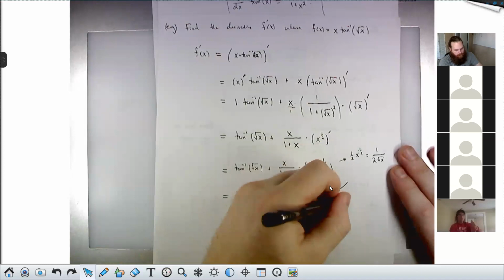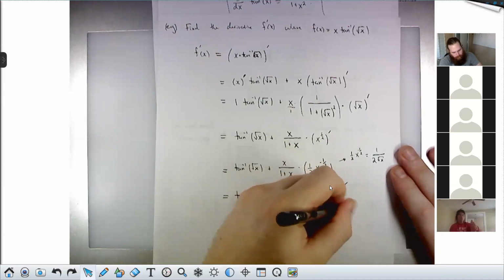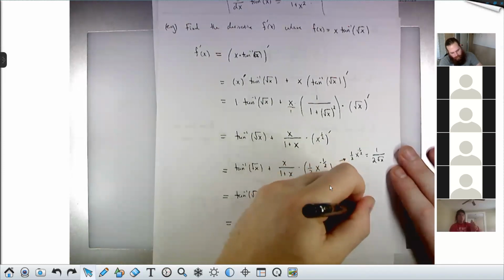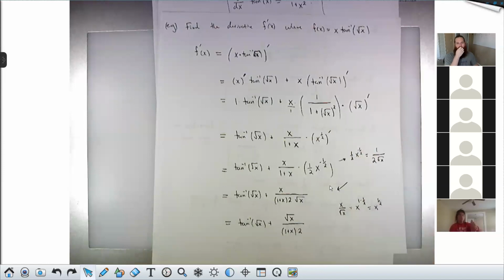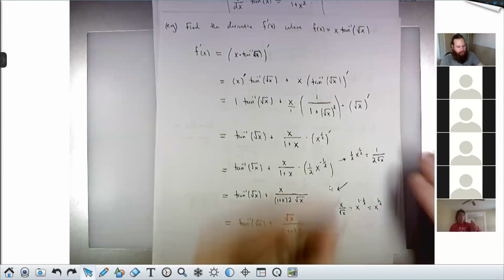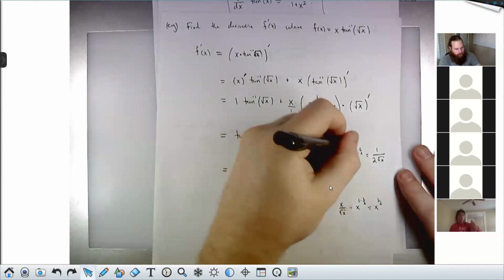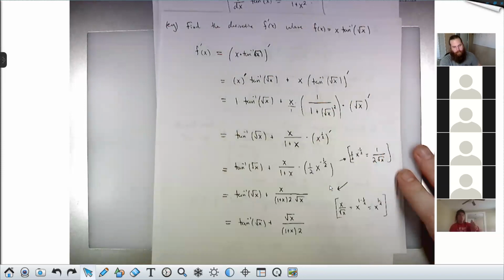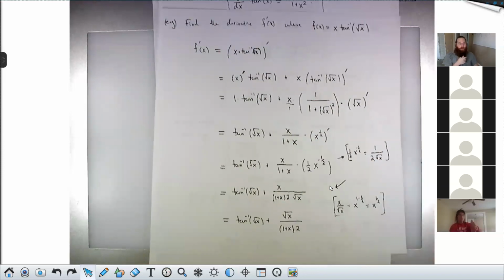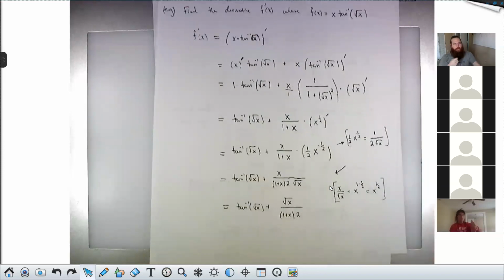This is coming because I can do this algebra here. Okay. So little bits of side work there. And this bottom line, this is as nice as that derivative is going to get.